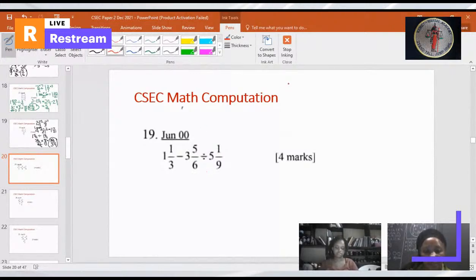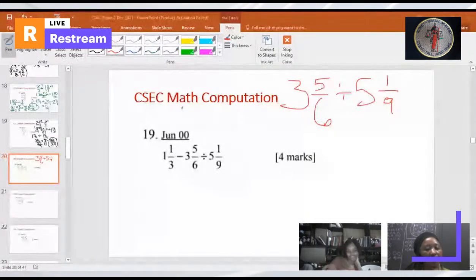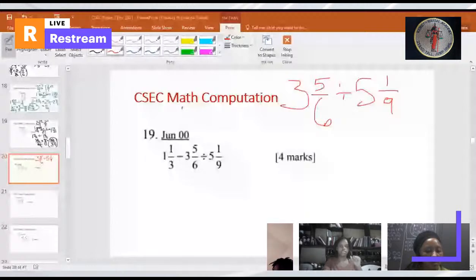So it's going to be 3 and 5 over 6 divided by 1 over 9. All right, now what do we do? We are going to change them to improper fractions and change that sign to multiplication. And we're going to invert the second factor.